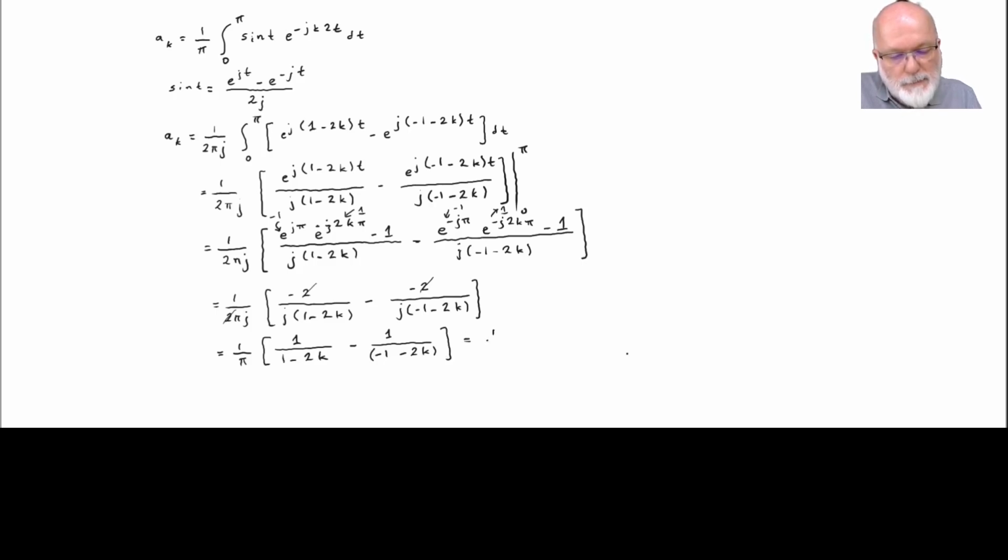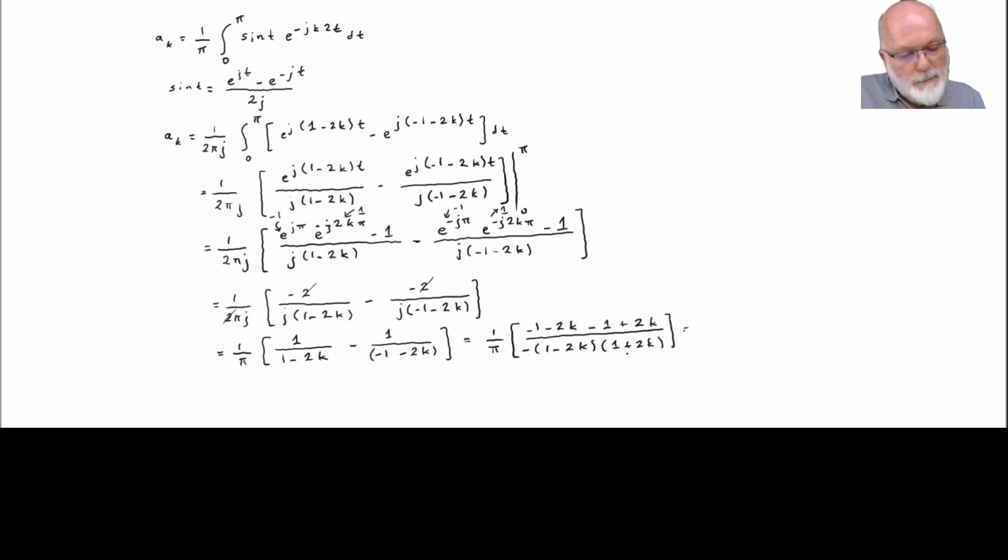So we can write this as 1 over pi times (minus 1 minus 2k minus 1 plus 2k) divided by (1 minus 2k), and let us write (1 plus 2k) multiplied by minus 1, so we will have a minus sign here as well.